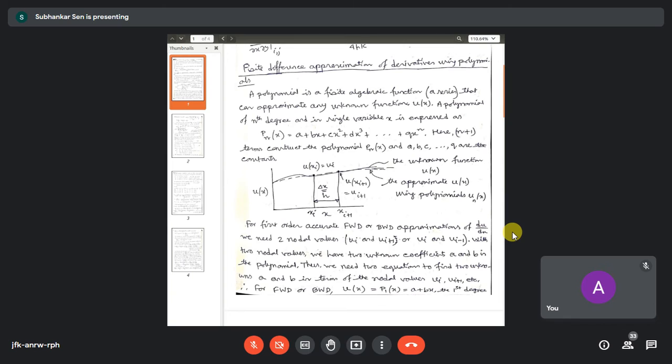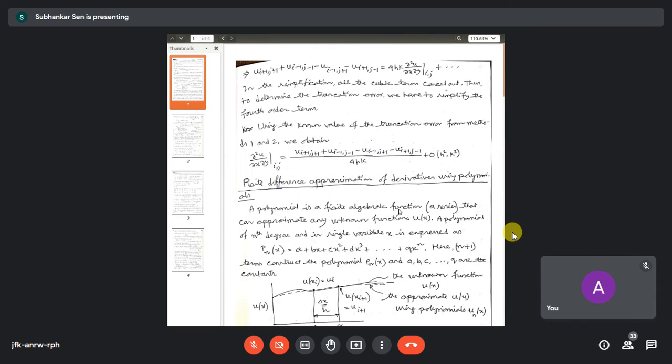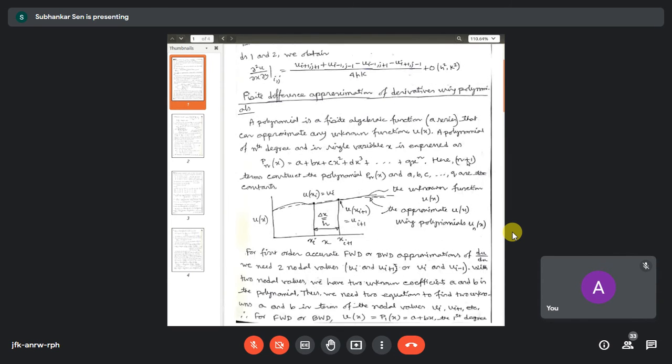Okay, so the logic of how we proceed. The simplest way, when you are going for the forward difference or backward difference formula, suppose you have this derivative du dx. For du dx, we have taken first order forward difference, first order backward difference, and second order central difference.